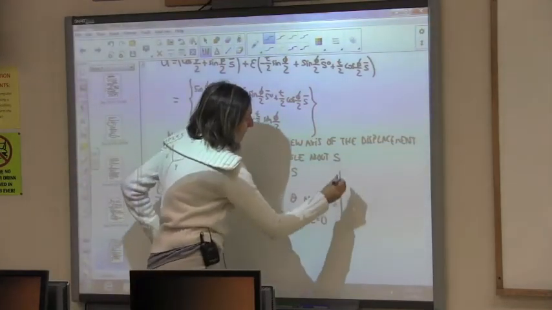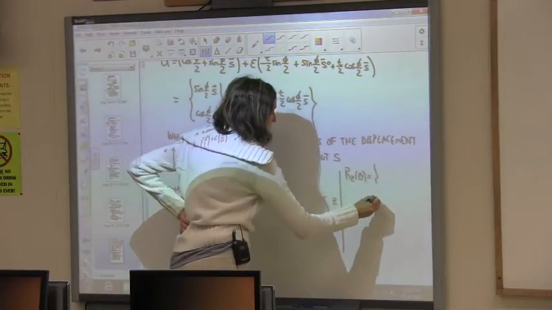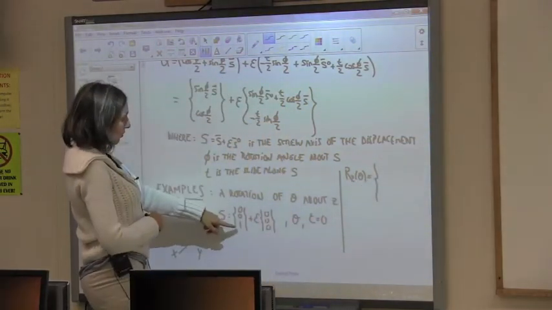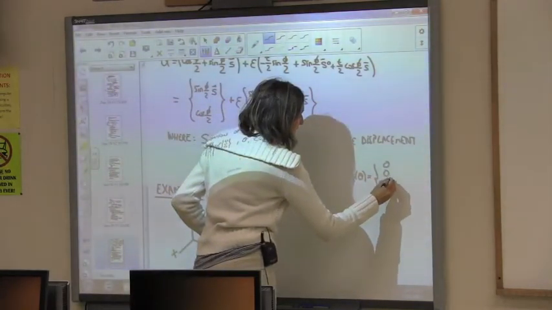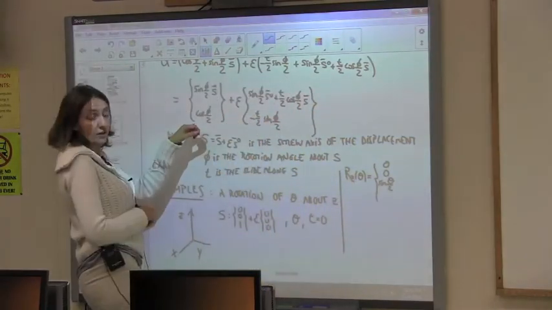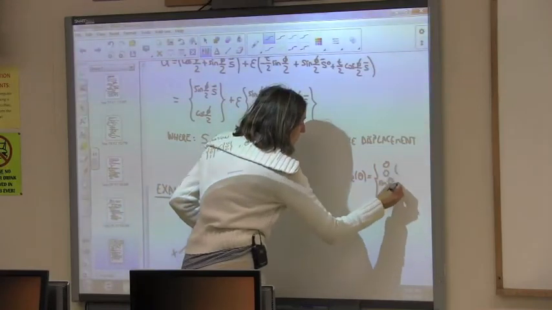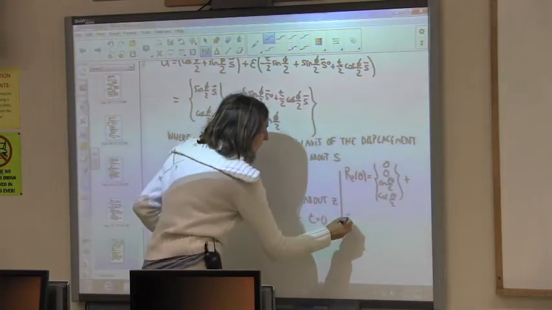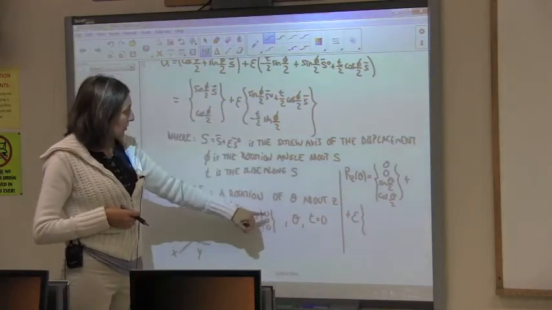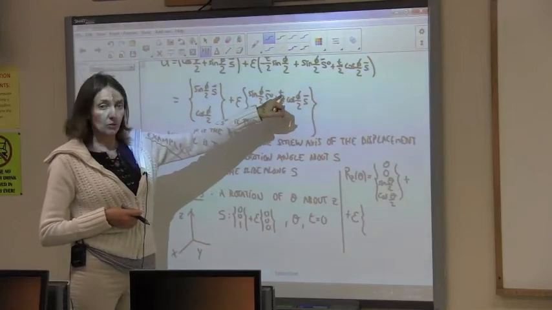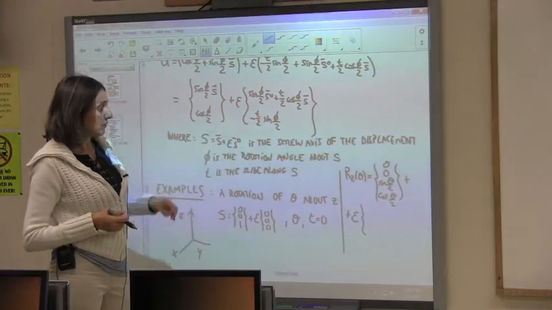R_Z theta equal to, we put first the real part, 0, 0, 1 times the sine, right? 0, 0, sine theta divided by 2, and then cosine theta divided by 2, plus, let me continue here, plus epsilon. S0 is equal to 0, so this part will disappear. t is equal to 0, so all this part will disappear. 0, 0, 0, 0.